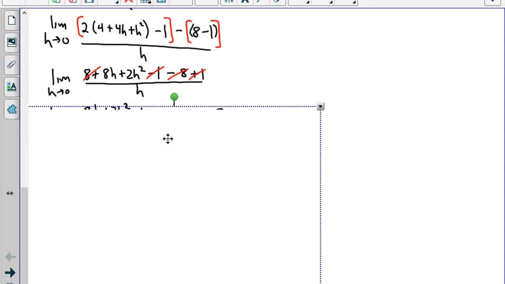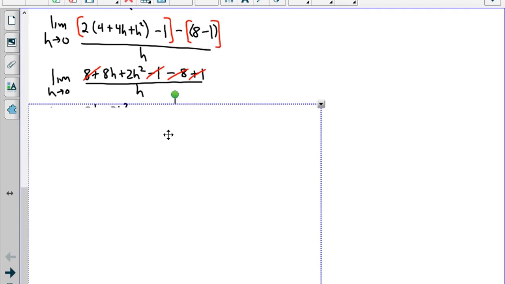In method 1, if you're doing this right, you should always end up with every term in the numerator having an h in it. If you don't end up with every term in the numerator having an h in it, so then everything cancels out, there's a problem.